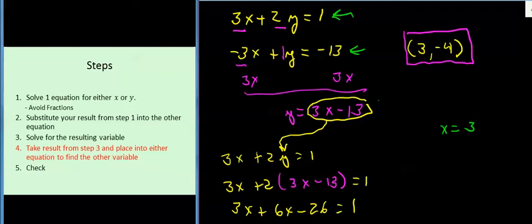But I'm going to use this equation right here because I already have y by itself. I'll get the same result, but this is the easiest one to use. So I have y equals 3x minus 13. Place x equals 3 in for x.